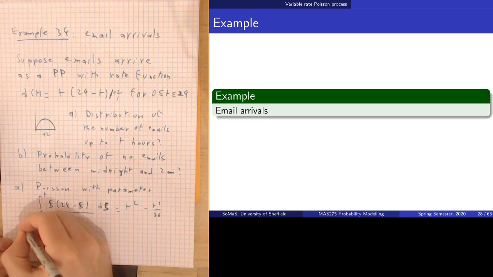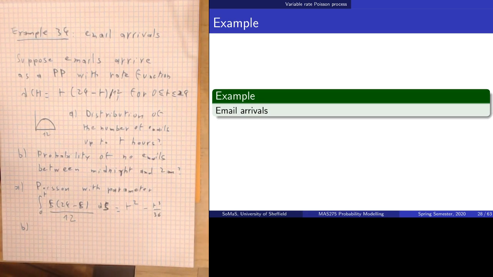And so for B, we're looking between 0 and 2 a.m. So probability that there are no such things. So we put t equals 2, so we get 4 minus 8/36.